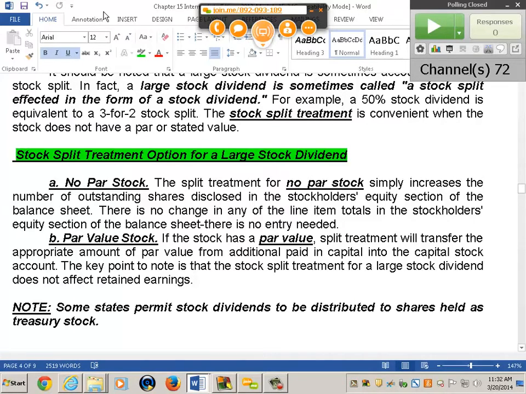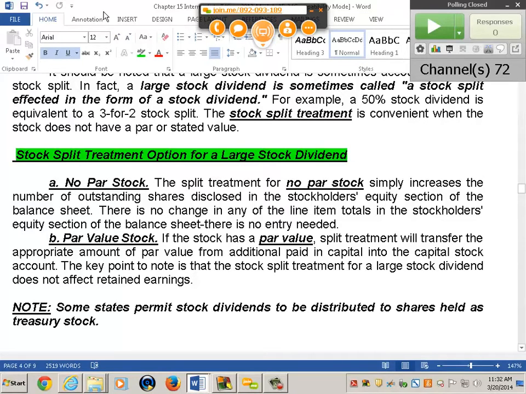Or in some states, you could treat this as a liquidating dividend, in a sense. Take it out of paid-in capital. So basically, when you have stock split treatment, the key is that it doesn't reduce retained earnings.